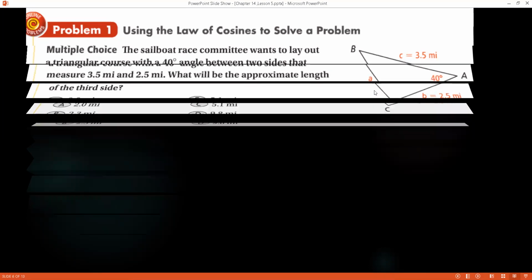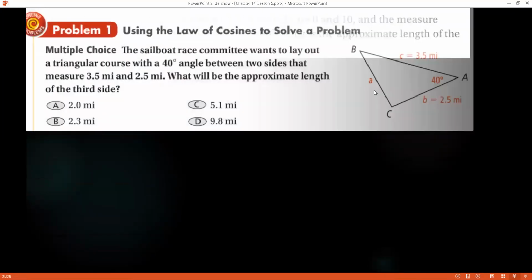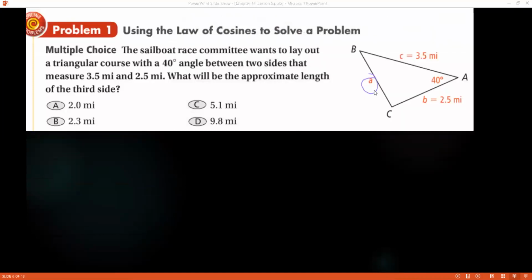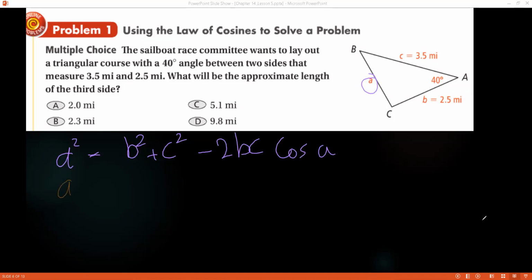But I want to find A now. So A squared will be B squared plus C squared minus 2BC cosine A. Now, A squared is B squared, where's B?